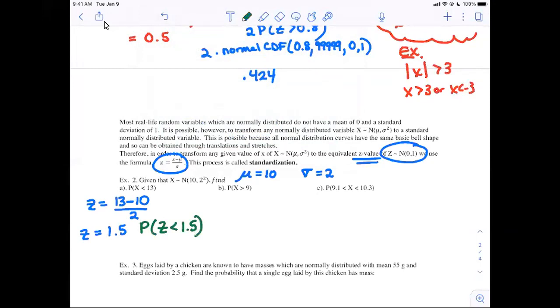Go ahead then and go to your calculator. Now I've converted it so that the mean is 0 and the standard deviation is 1. So you're going to go to your 552 and do the normal CDF.